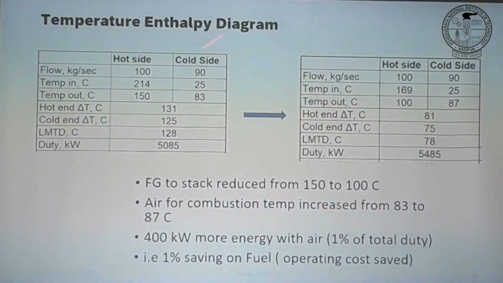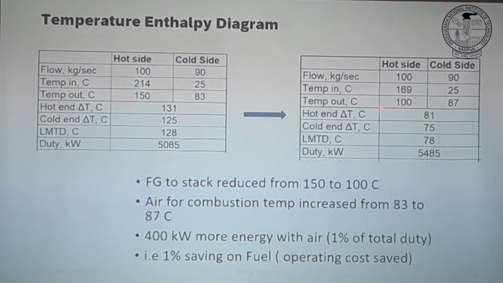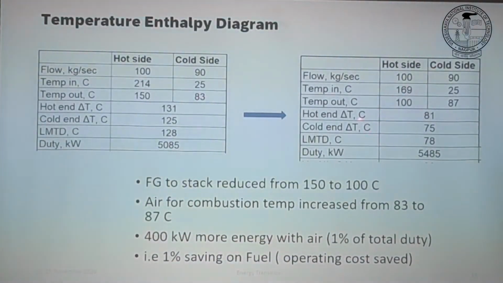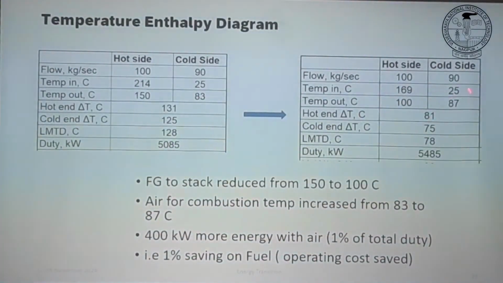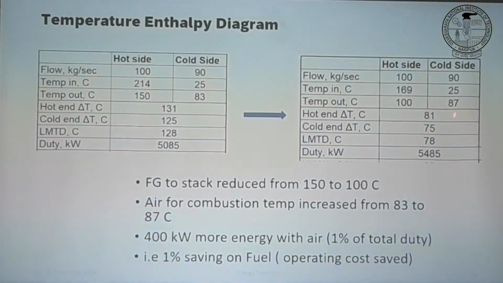We go from this case to this case. I go now, temperature out is 100 degrees, and I am now preheating the air a little bit more. LMTD, the temperature difference is, you see, 240 minus this is 83, here 169 minus 87, 81, 100 minus 25, 75.